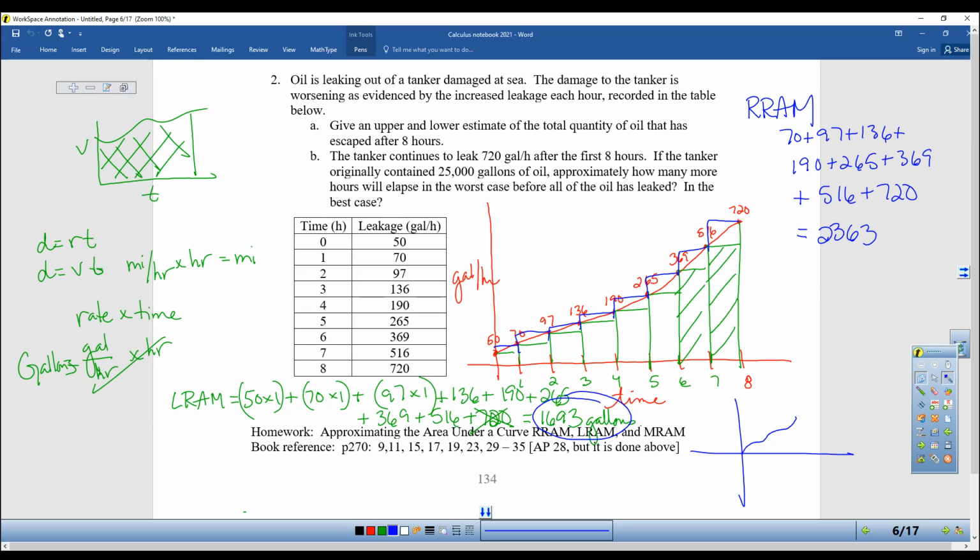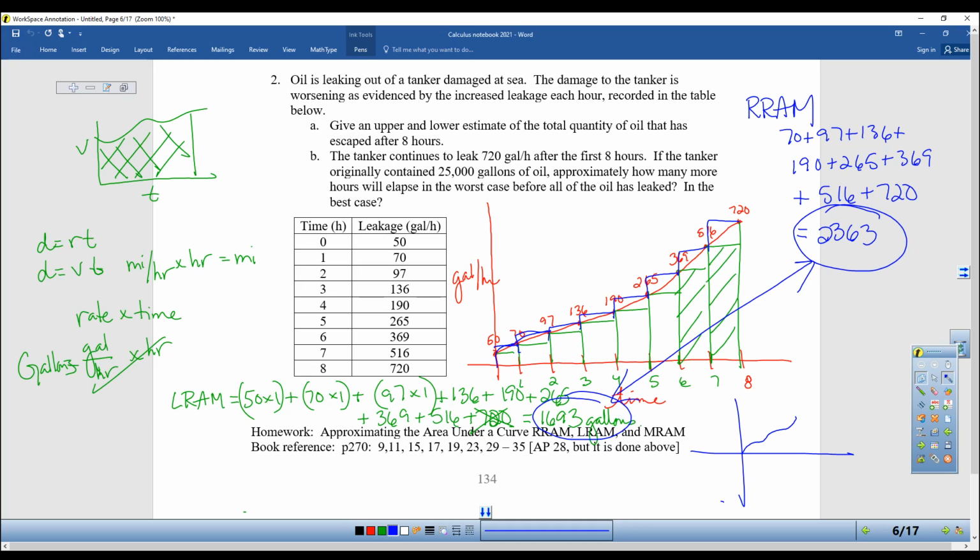All right, well, the worst case scenario is that it reached that 70 almost right away, right? And then it reached that 97 almost right away, and the upper estimate is true. So there really could be almost 2,363 gallons of oil spilled. So does it make a difference?